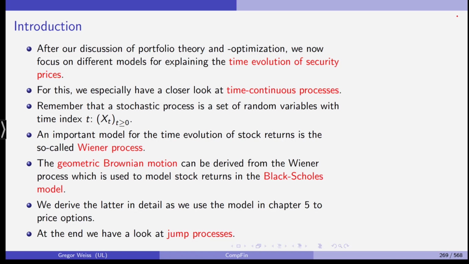And for this, we need to have a closer look at so-called time continuous processes, zeitstetige Prozesse, stochastische Prozesse. Could also be time discrete, but we are trying to model prices in continuous time. So we are at least theoretically able to observe a change in the price at an infinitesimally small change of time.